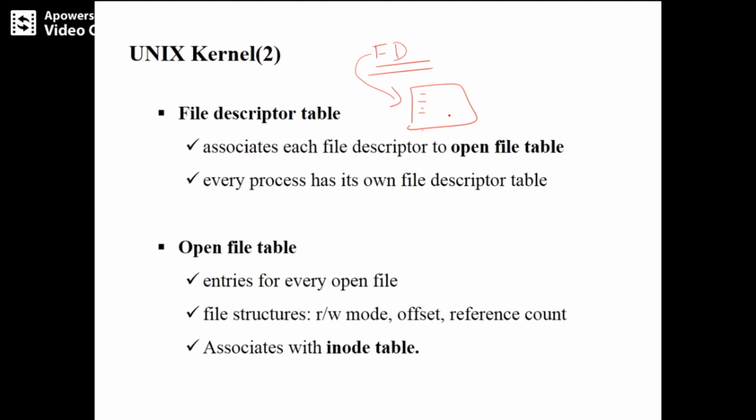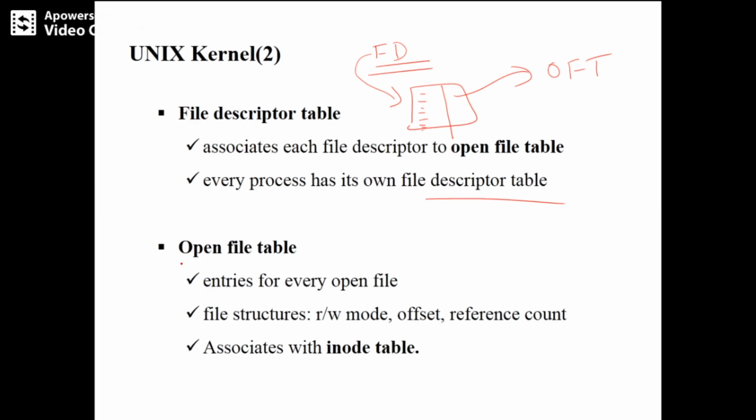There are a number of file descriptor values, and they are stored in the file descriptor table. And what exactly is it going to do? It is going to associate these file descriptors to the open file table. So this file descriptor table is going to associate each file descriptor value to the open file table. Every process has its own file descriptor table, as I told.